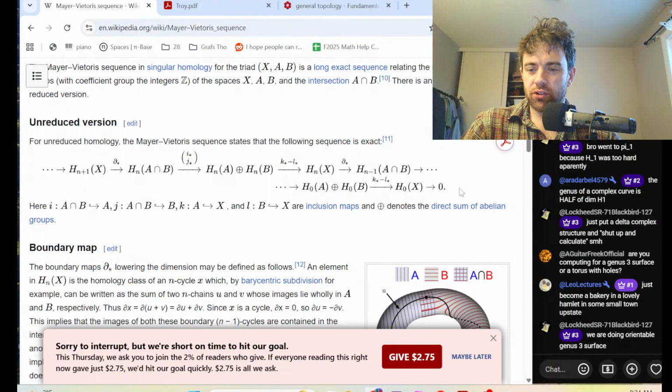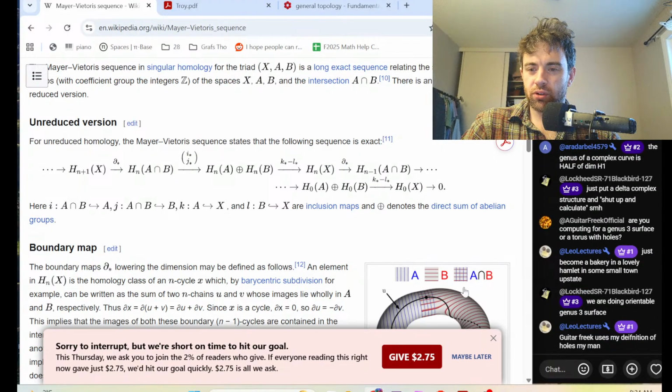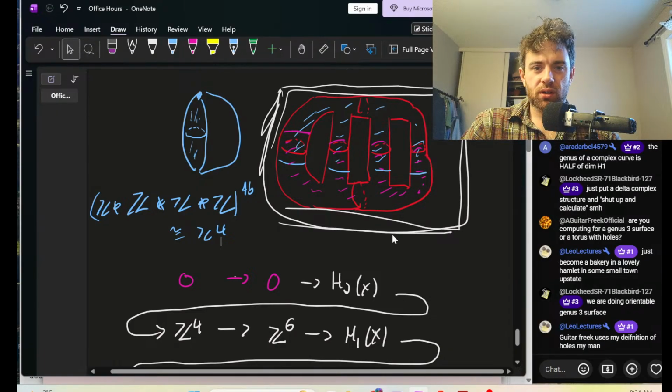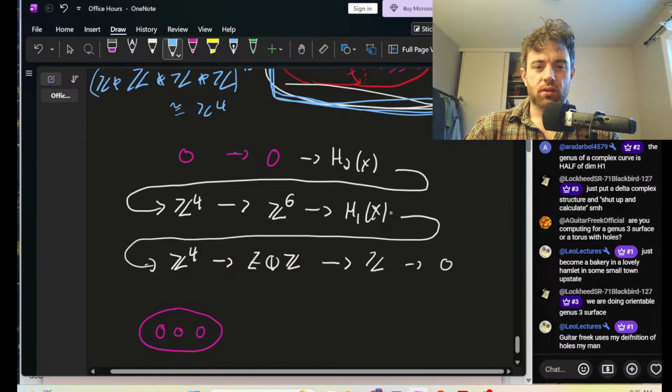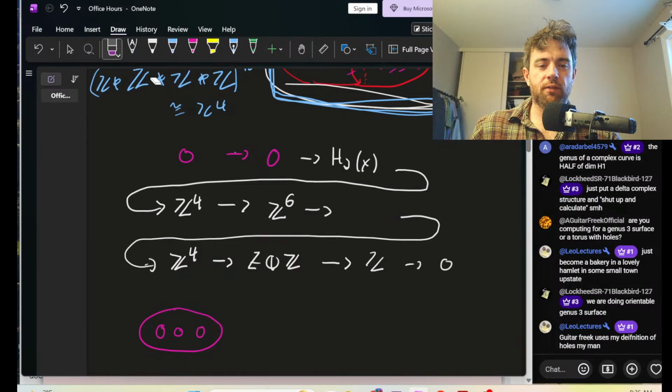Am I computing for a genus 3 surface or a torus with holes? Well, H1 of X is a genus 3 surface. I mean, if it is Z6, then we should be done, right?